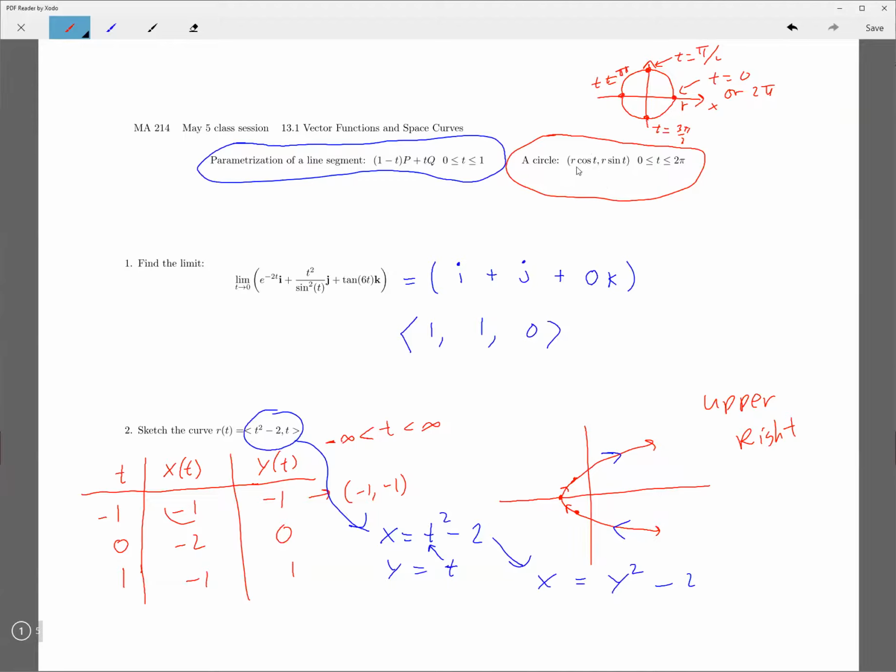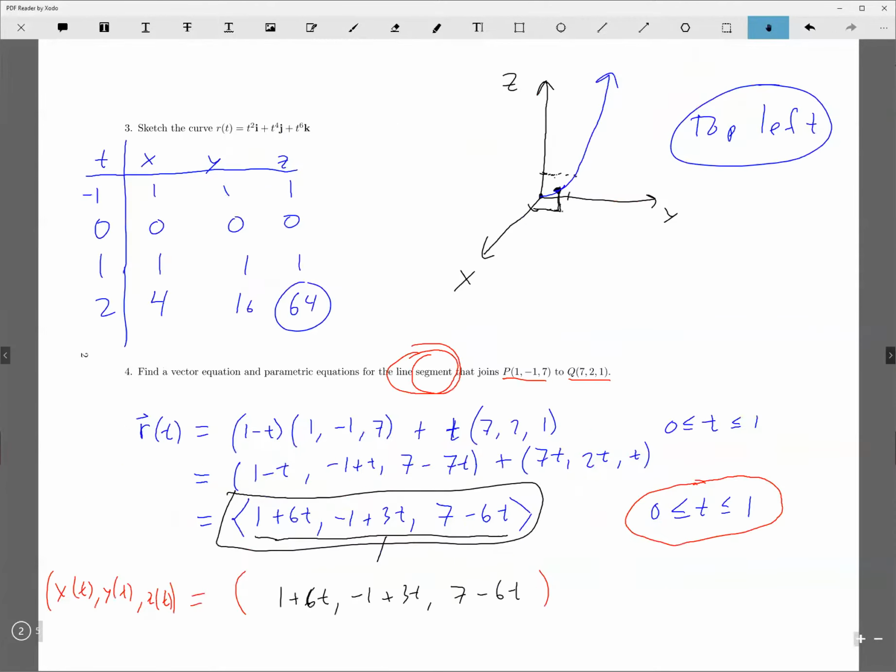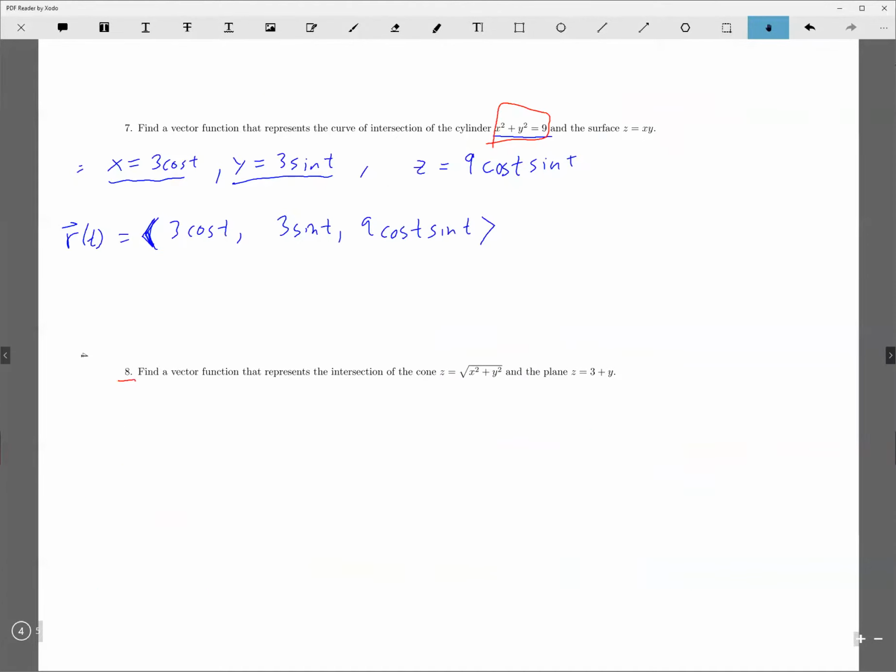So this is just something that you have to sort of memorize, this technique for doing circles. It's x is usually the r, whatever the radius is, times cosine t, and the y is r sine t. Okay. So just from that. All right. Thank you. Sure, you're welcome.